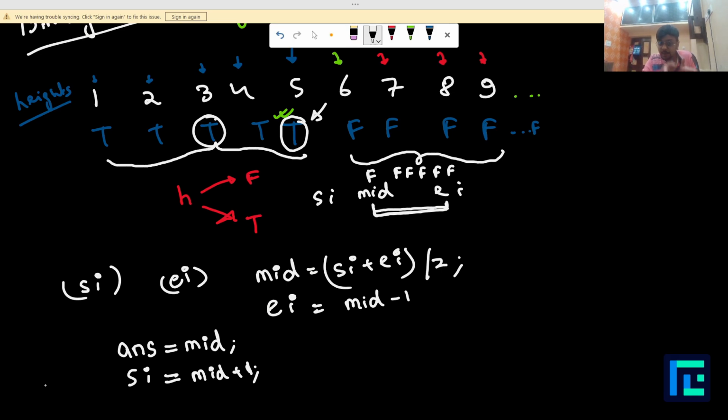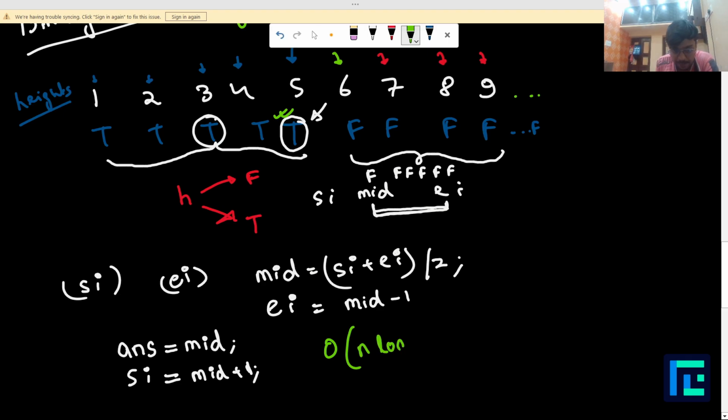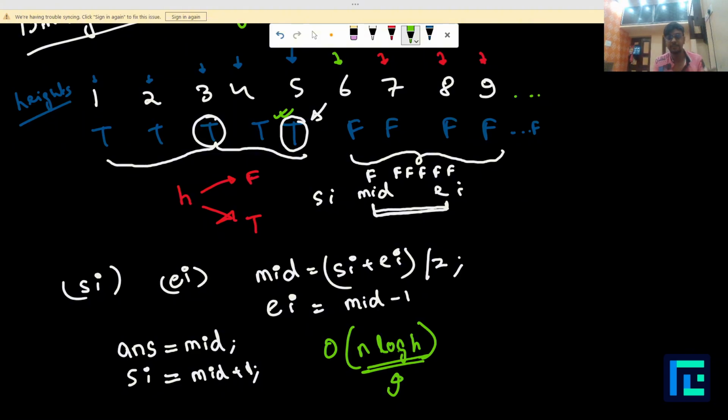For every height the time required is big O of n. So the time complexity for this code will become big O of n log h. We will discuss time complexity after the code as well, but this is how we are thinking, that our time complexity will become something like this and it will definitely pass the constraints.